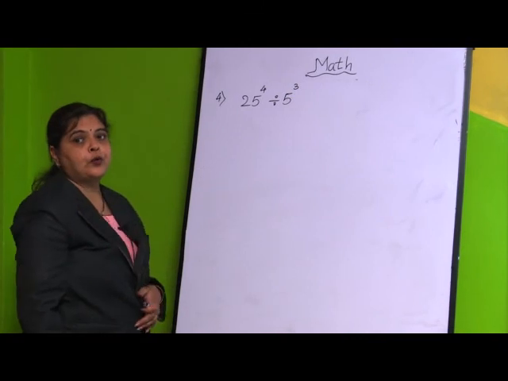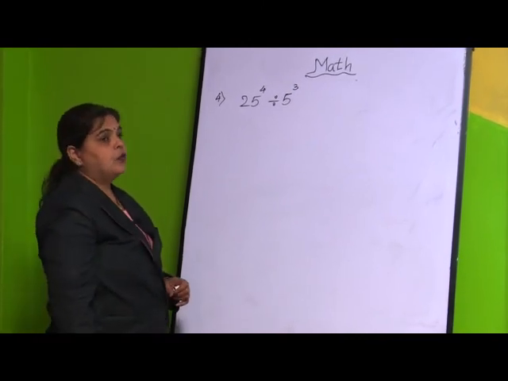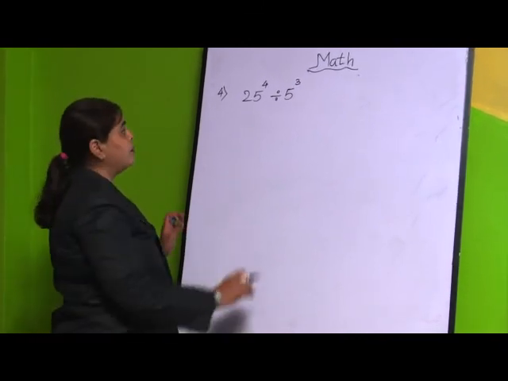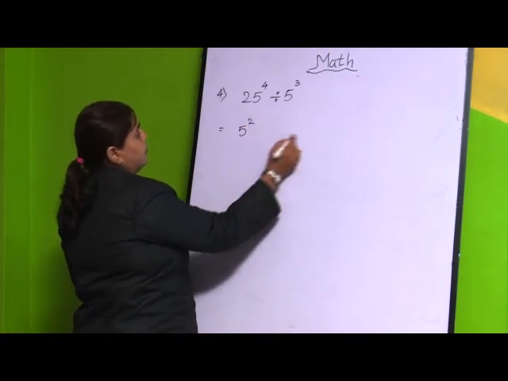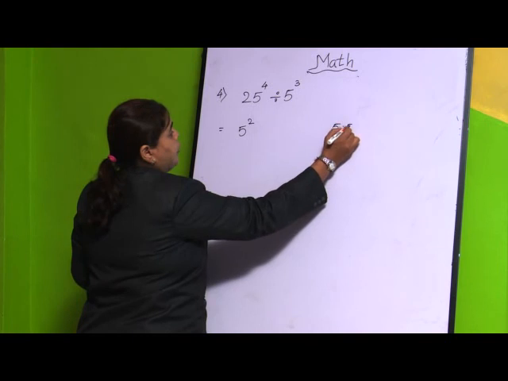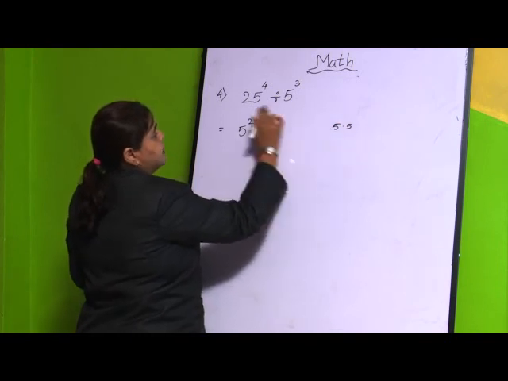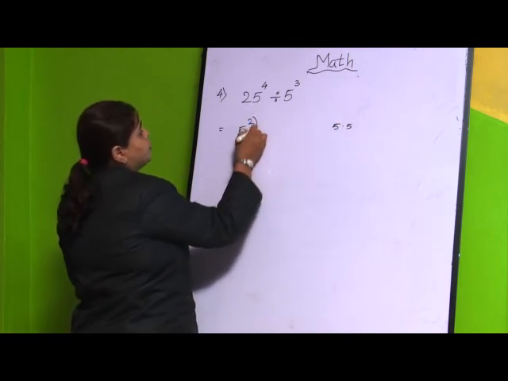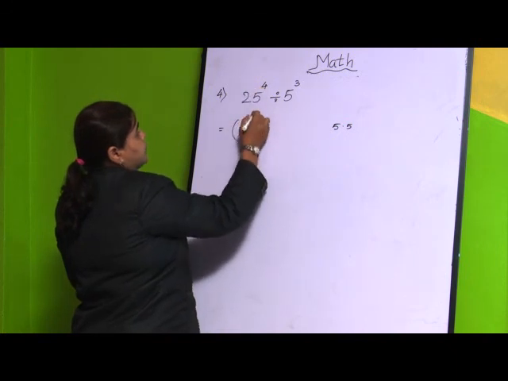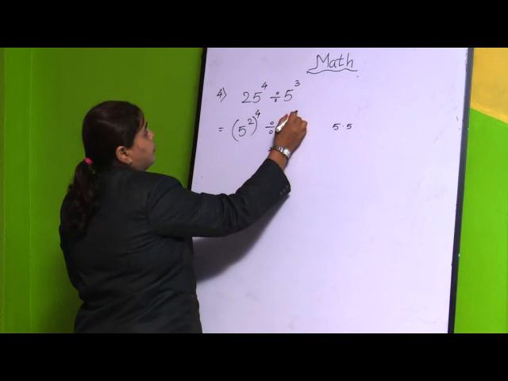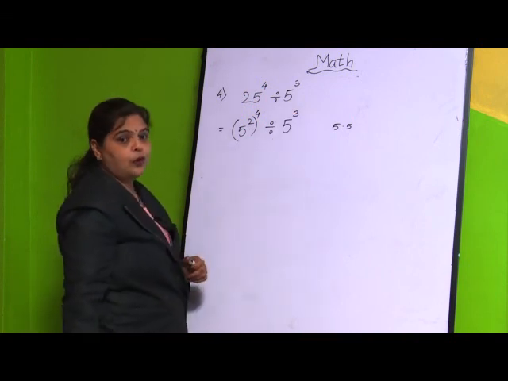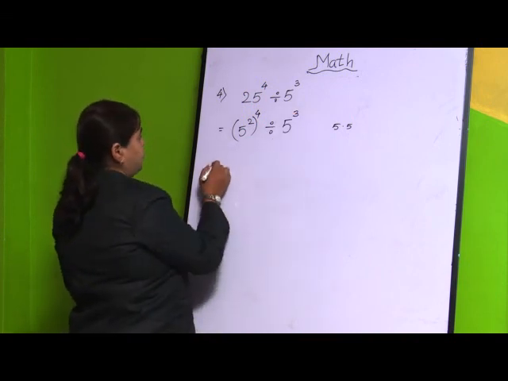Now, how to write 25? Is it written in the square form? Yes, you are right, it is nothing but 5 square. 5 square is nothing but 5 into 5, 2 times, 5 5s are 25. To the power 4, divided by 5 raised to cube, or we can say 5 cube.